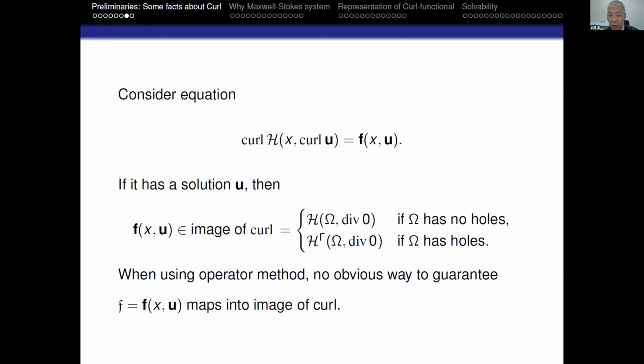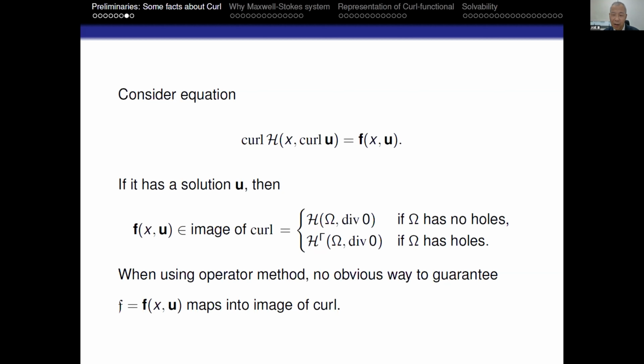And if omega has no holes, then divergence of f equals 0 is enough. But if omega has holes, then f must belong to H gamma. And for the linear equation, it is not a problem. You assume the right side, the given vector field, satisfies some condition, then you solve the problem.